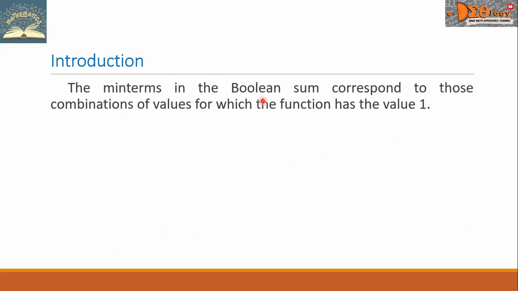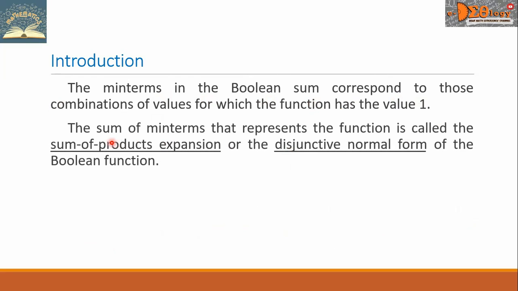The min terms in the Boolean sum correspond to those combinations of values for which the function has the value 1. The sum of min terms that represents the function is called the sum of products expansion, or the disjunctive normal form of the Boolean function.